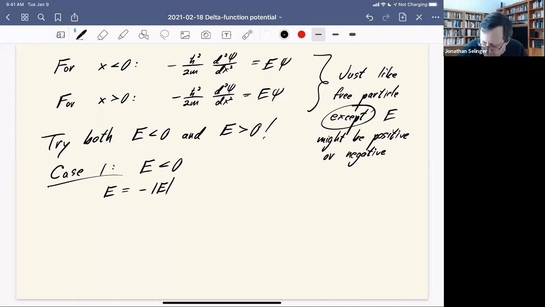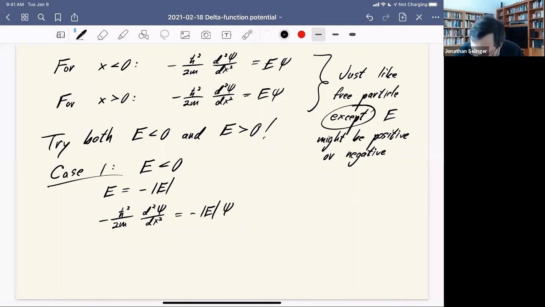So that means that the Schrodinger equation, the time-independent Schrodinger equation, is negative h bar squared over 2m times this second derivative is negative absolute value of energy times psi.